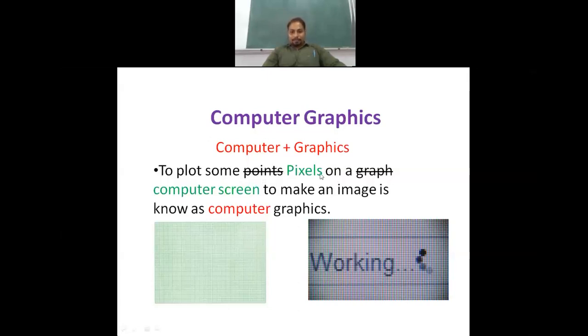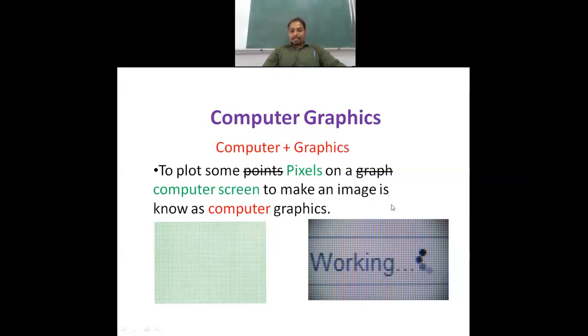I think all of you know the word pixel. Pixel means picture element, the basic picture element. To plot some pixels, we replace the word graph with computer screen, to plot some pixels on a computer screen to make an image.